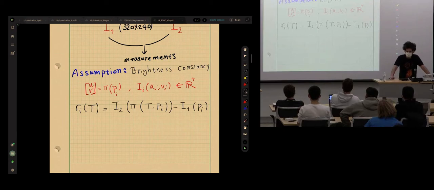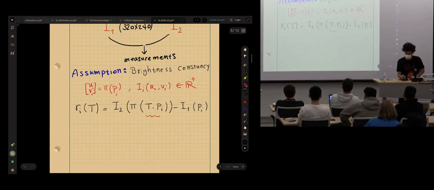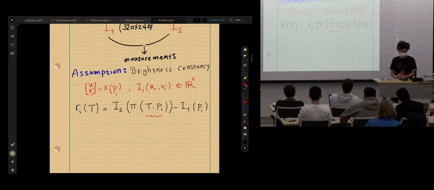So I see the point in image 1, then I see the point again in image 2. The relationship that relates these 2 points is that if I transform the point in image 2 using this rigid body transformation, and then if I project it onto the image 2, I should get an intensity that is similar to what I had in image 1.